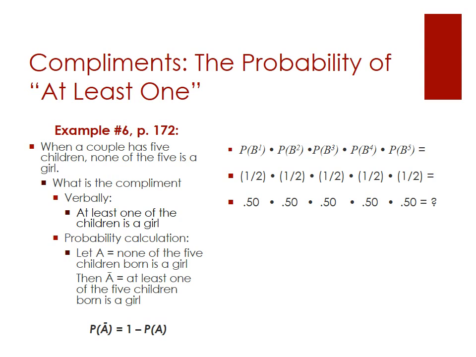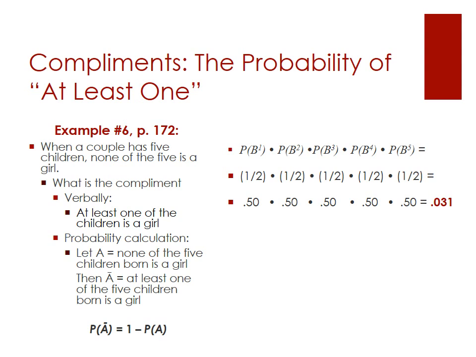And of course, we have plugged in 1 divided by 2 for each of these, which gives us 0.50 for each of the individual births. Computing those together, multiplying each of those by each other, what do you get for our probability of having 5 boys? You should get about 0.031. As you can see, it's kind of an unusual event.